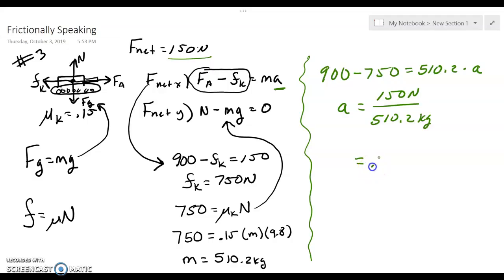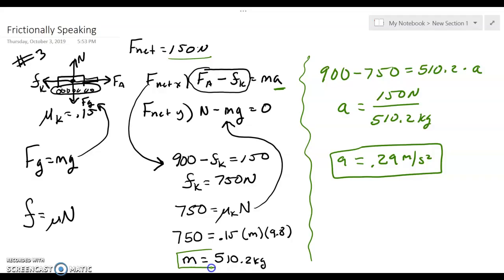And we get 0.29 meters per second squared. So that is the acceleration of our tank, and here is the mass of our tank.